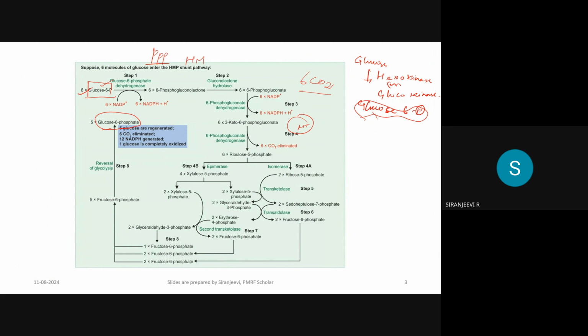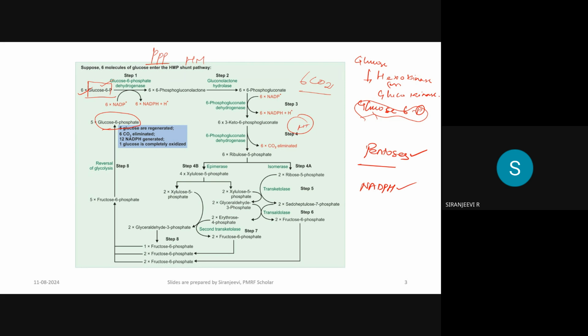This pathway usually provides two major items: one is pentose, another one is NADPH. In this lecture we will see the importance of pentose and how it is utilized in other pathways, and the importance of NADPH.